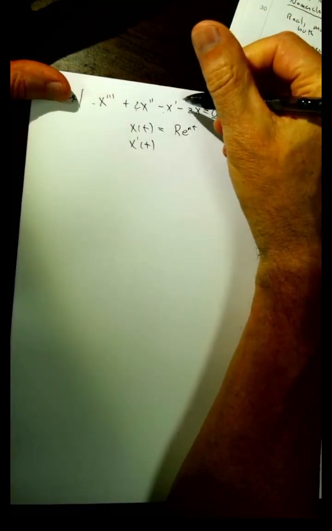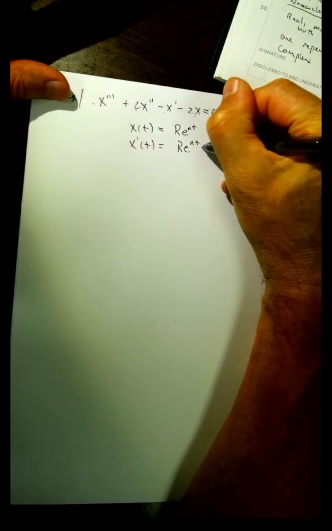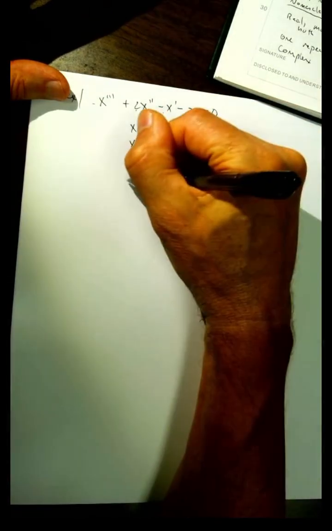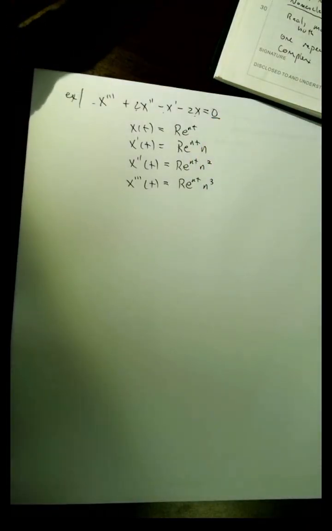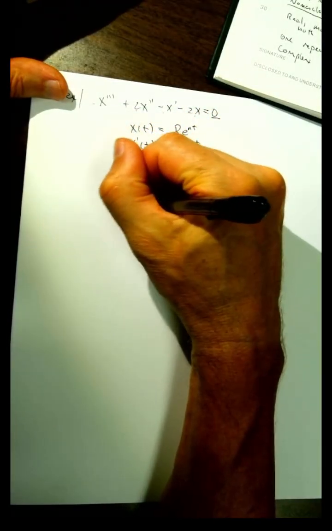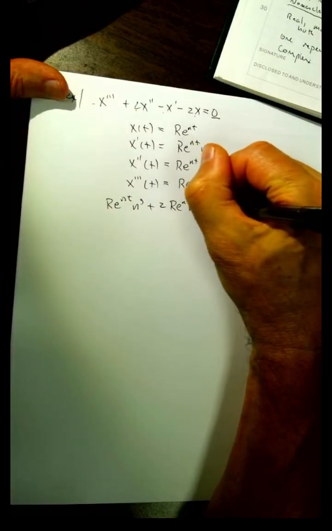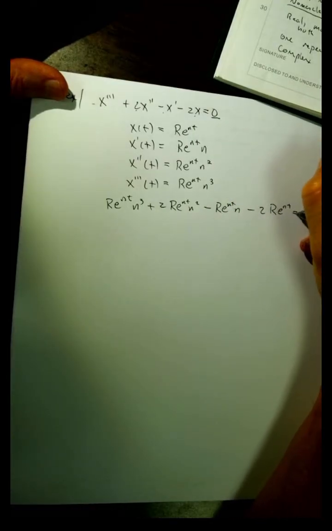Now I'm going to plug this into my equation. I'm going to have to take 3 derivatives. x prime is r e^(nt) n, x double prime is r e^(nt) n squared, and x triple prime is r e^(nt) n cubed. Plugging that into my original differential equation: r e^(nt) n cubed, plus 2 times r e^(nt) n squared, minus r e^(nt) n, minus 2 times r e^(nt), is 0.